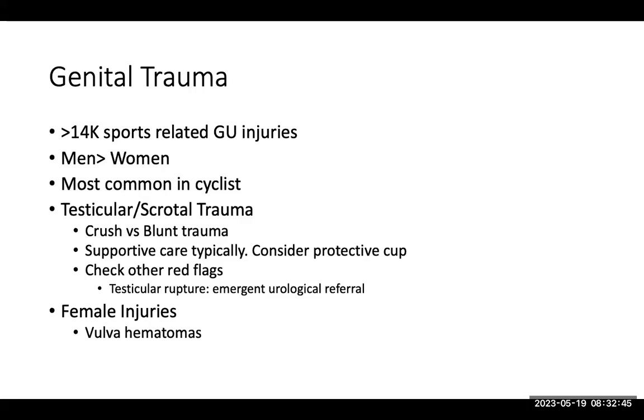But this direct trauma to the scrotum can cause a testicular contusion. You can have a hematoma that develops, or you can even have rupture of the testes. These patients will present with pain, pallor, nausea, anxiety. And if the pain persists more than an hour and it is acute onset from an injury, it's important to look at other etiologies or more severe injury, especially something like testicular torsion or rupture.